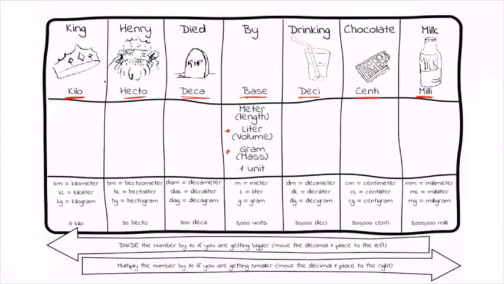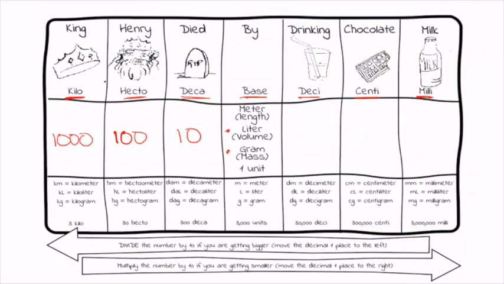So as we go larger in the metric system, we're going up by 10 every time we move through a block. So a decameter would be 10 meters. A hectometer would be 100 meters. And a kilometer would be 1,000 meters.